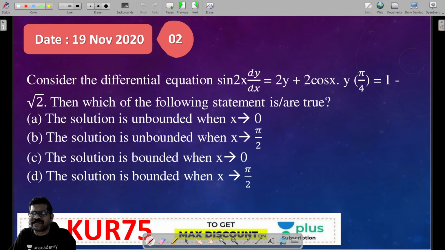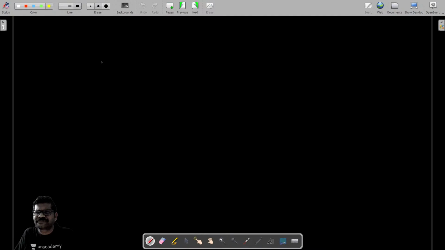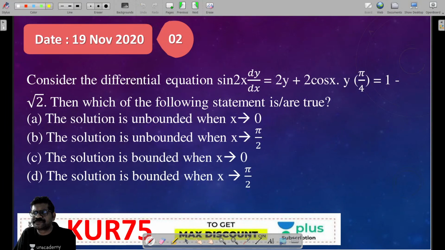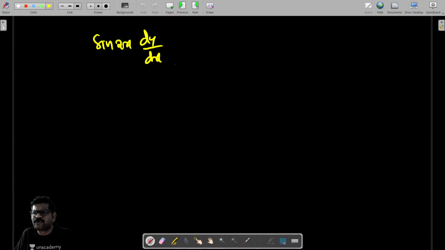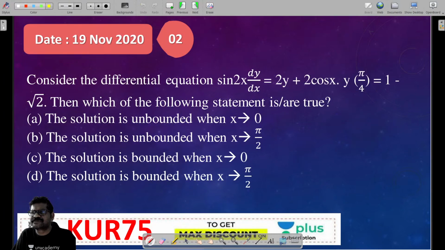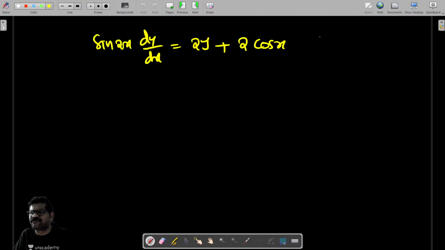Now, the given differential equation is sin 2x into dy by dx equal to 2y plus 2 cos x, y of pi by 4 equal to 1 minus root 2.